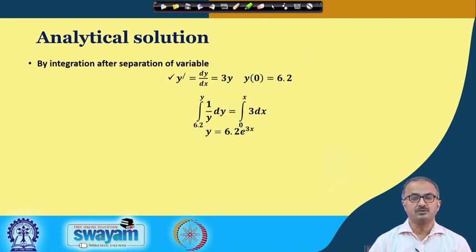We take a representative case: y prime, which is nothing but dy by dx, is equal to 3y, and to get the particular solution we also need the initial condition. Here the initial condition is given as y at x equal to 0 is 6.2.